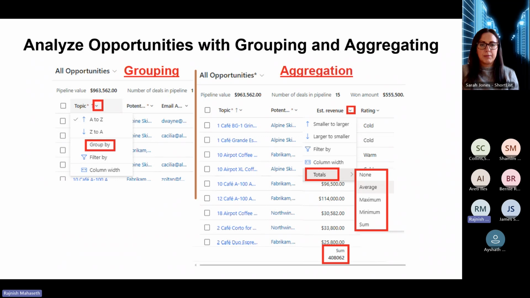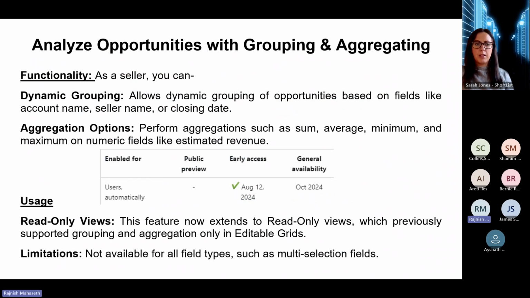Okay, and one thing to note here is this feature is not available for all the field types. Like we have multi-choice field or multi-selection field, for that one it is not available. So as a seller, you can group opportunities by account name, seller name, closing date, or any other relevant field, and you can aggregate the numeric values. Okay, these two are the main features.